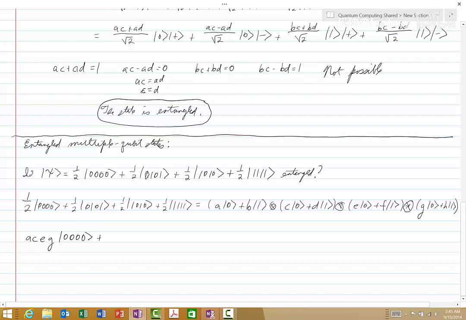And then we would get A, C, E, H, 0, 0, 0, 1, plus A, C, F, G, 0, 0, 1, 0, plus A, C, F, H, 0, 0, 1, 1.